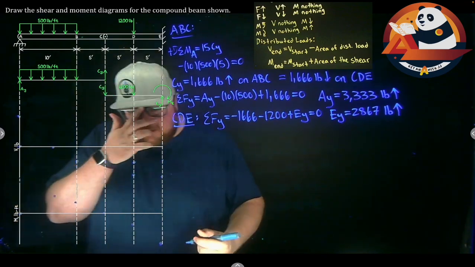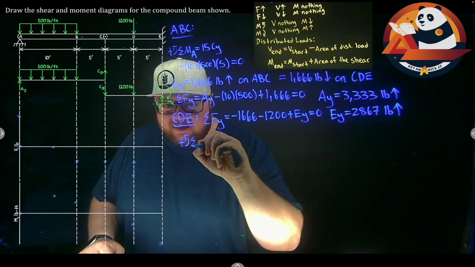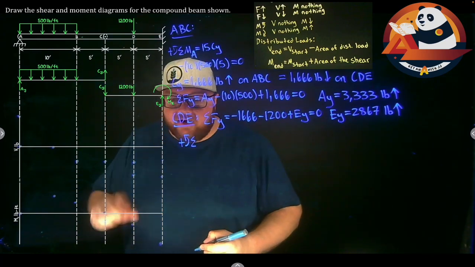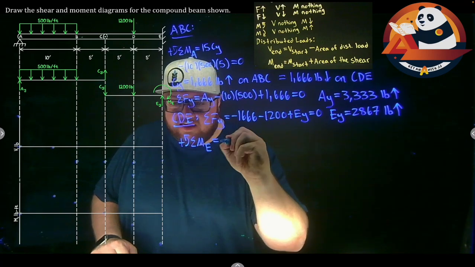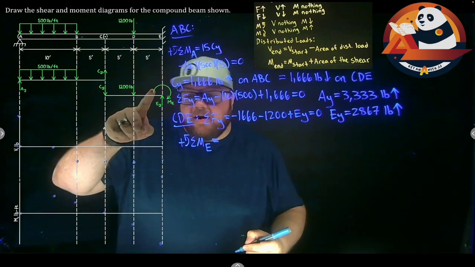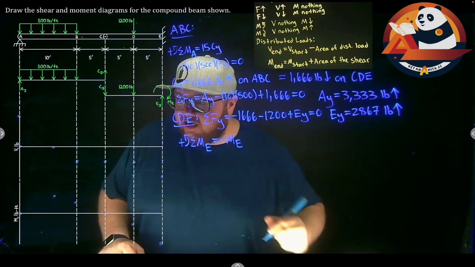Don't leave this one off there. With positive going counterclockwise, I can sum my moments about any point. Let's do it at point E. Summing my moments about point E, I assumed ME was clockwise, so negative ME, that variable I'm actually finding.